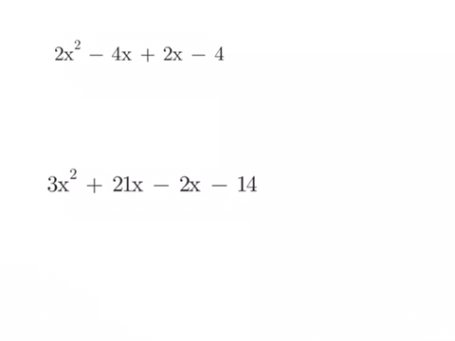So 2 more examples. The first one is going to have a GCF we can factor out. You'll notice that everything is even, so I can start by factoring out a 2, which will leave me with x squared minus 2x plus x minus 2. Now, just because I factored out a GCF doesn't mean I'm done, so I'm going to see if I can factor what's left by grouping.